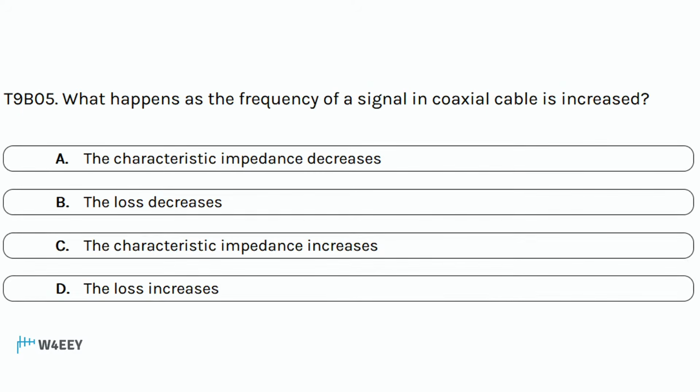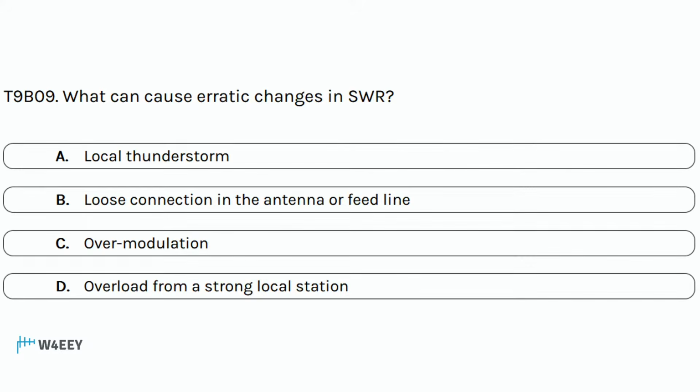And what happens as the frequency of a signal in coax is increased? Delta. As the frequency goes up, the loss will also go up, in dB per 100 feet. And what can cause erratic changes in SWR? You have to think about this.